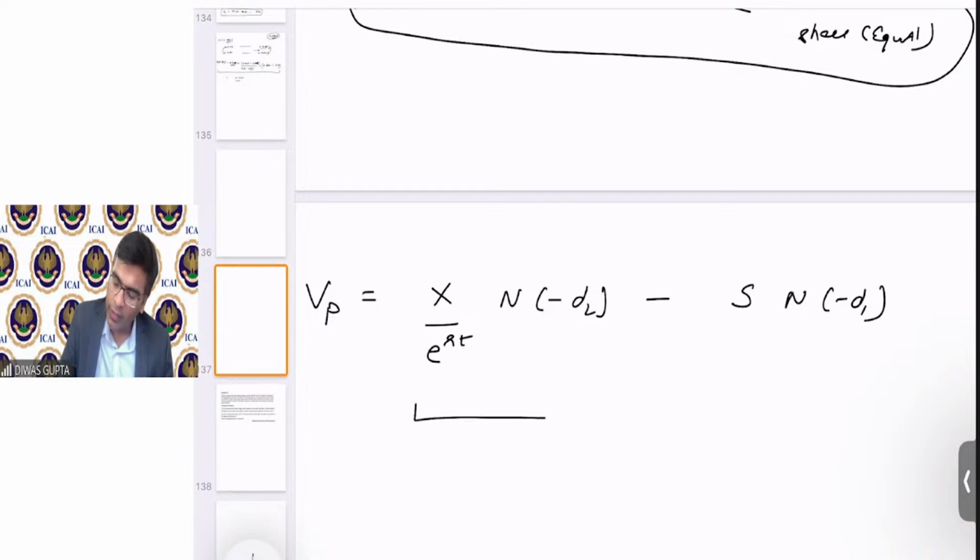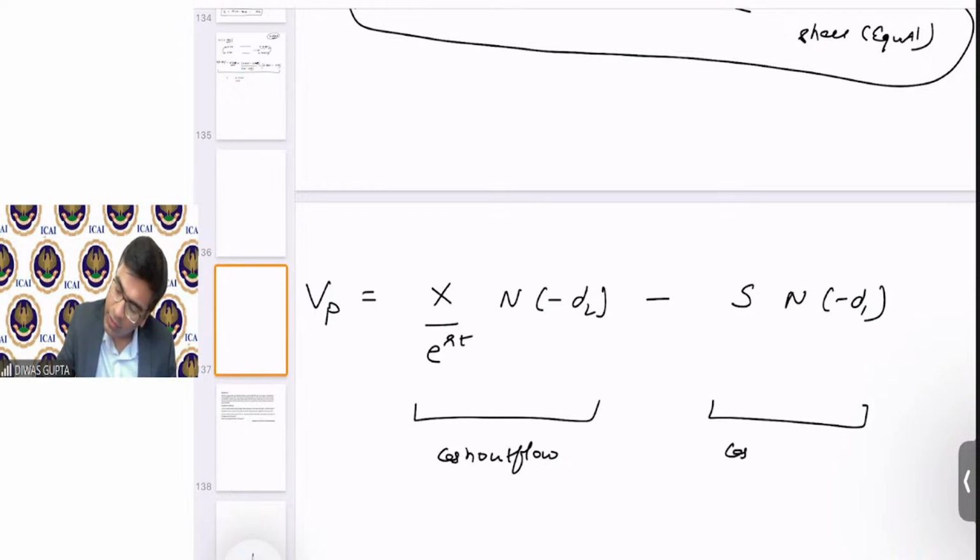So this is actually going to be your cash outflow, and this is going to be our cash inflow. Okay, perfect.